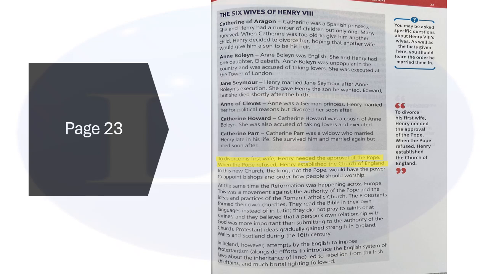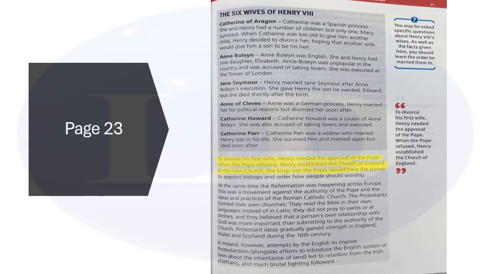Okay. In this new church, the king, not the Pope, would have the power to appoint bishops and decide how people would worship. So when he created the Church of England, he himself was the head of this church, because he would appoint bishops and priests. So it means that everybody was in his control.